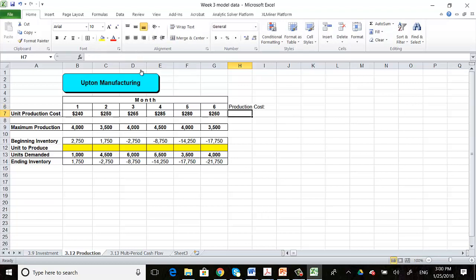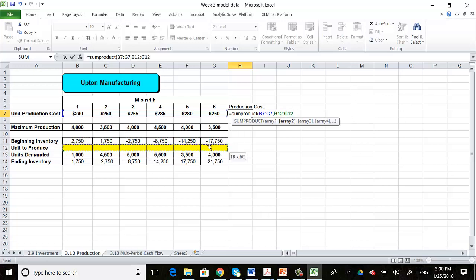Production cost is the sum product of your unit cost row and your decision variable row. So we'll calculate the production cost first, the units produced and the unit production cost.